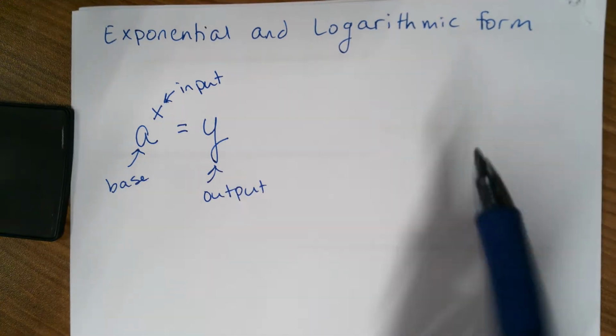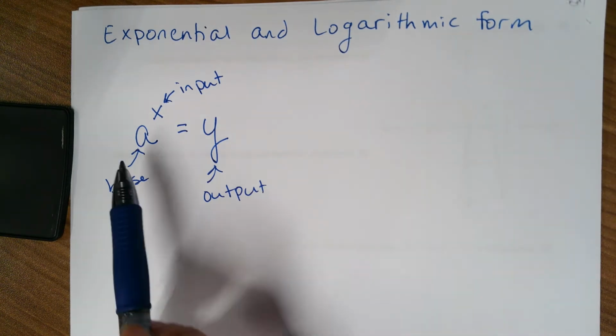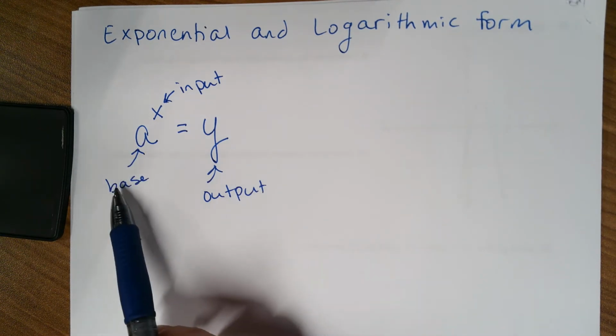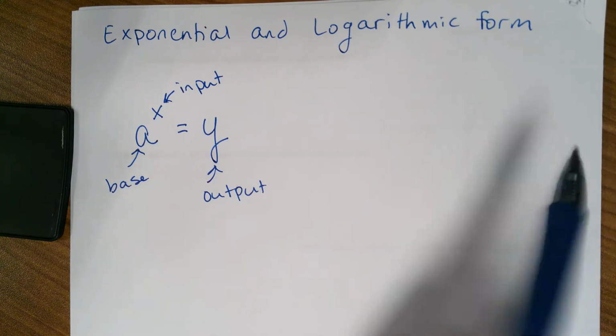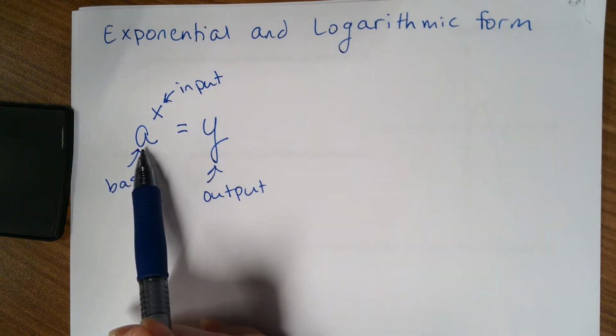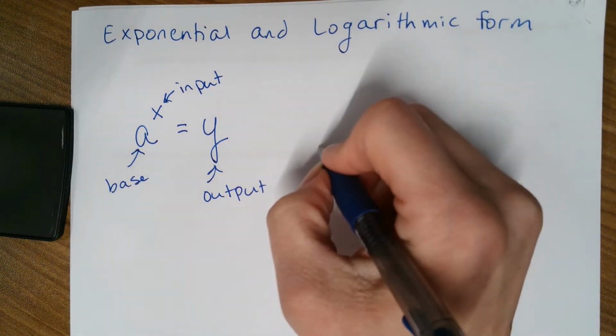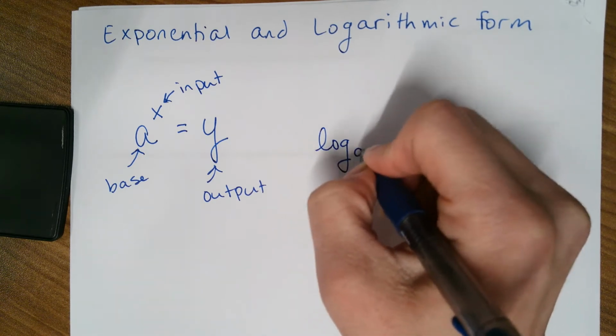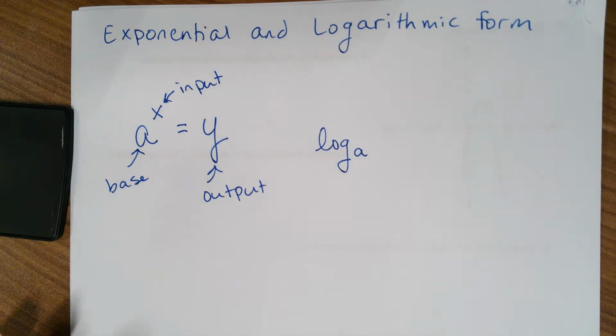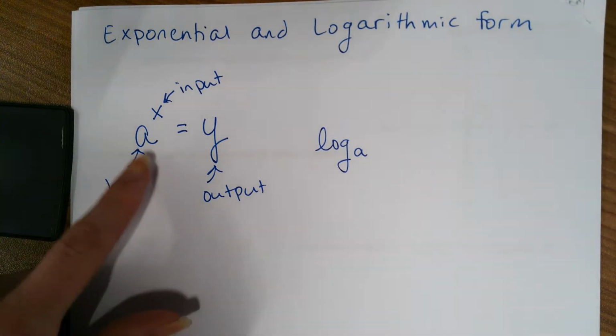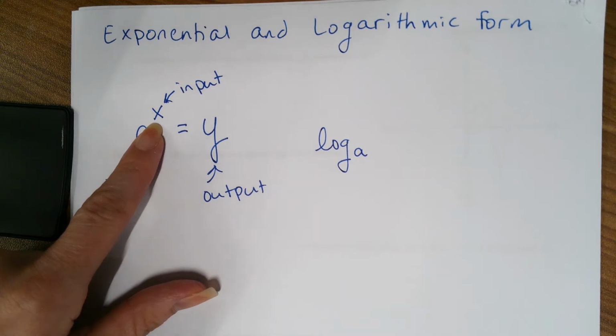So since they are inverses, our base is going to stay the same. So if I'm going from the exponential to the logarithm, here I have base A as the exponential. I will keep base A for my logarithm. And remember, with inverses, the input and output just get swapped. So for the exponential, if my input is x, then for the logarithm, the output will be x.